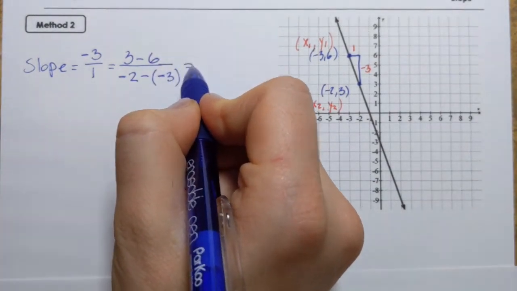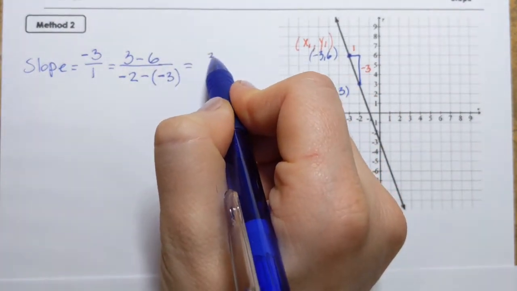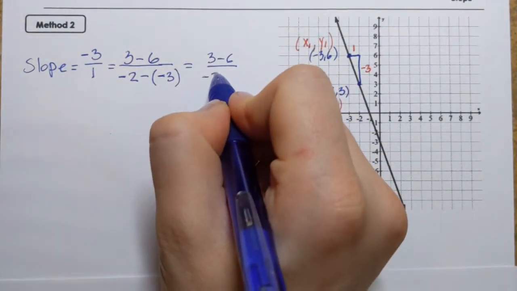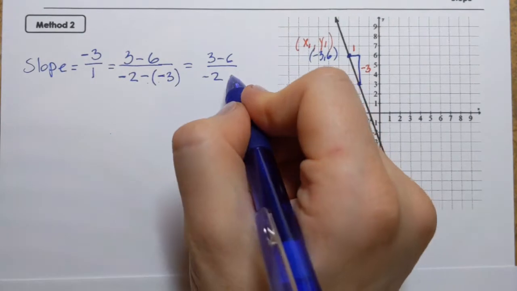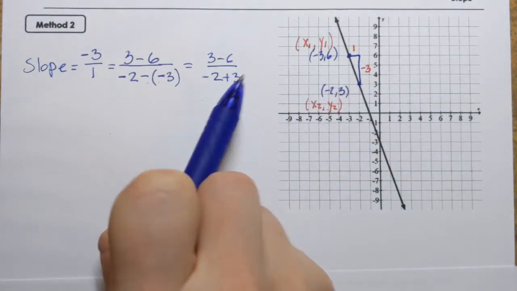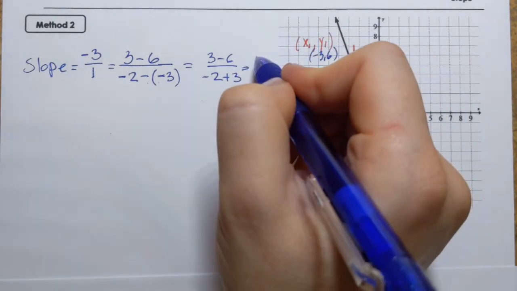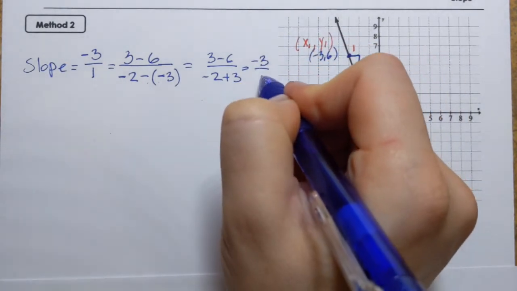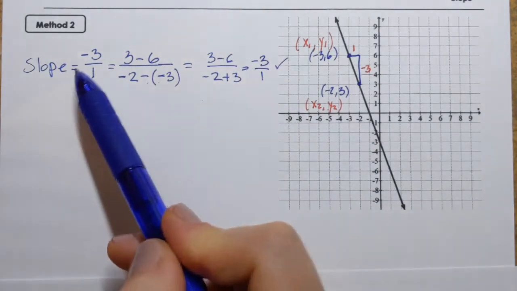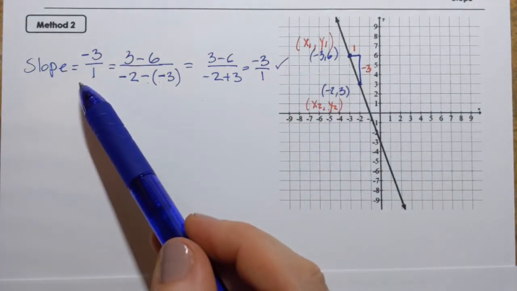And the reason it's going to work is because the numerator is 3 minus 6, but then the denominator will be -2 and then those two negatives will change to a plus sign. It's going to be -2 plus 3. And as I can see then, in this case, I get -3 on the top and +1 on the bottom, which is exactly what I was trying to get, right? The slope that I already found before.